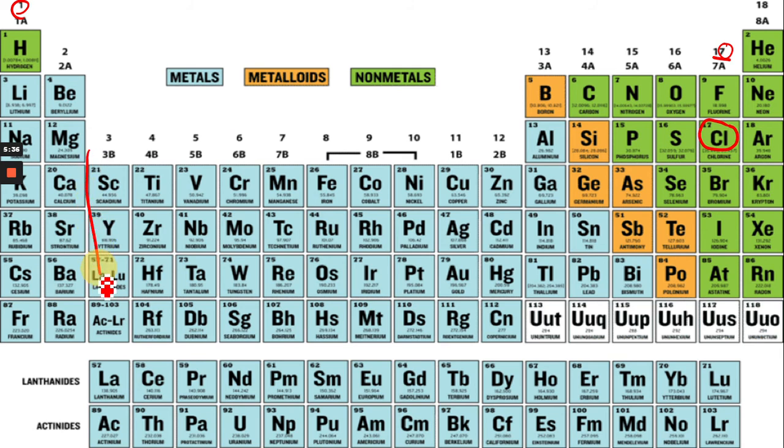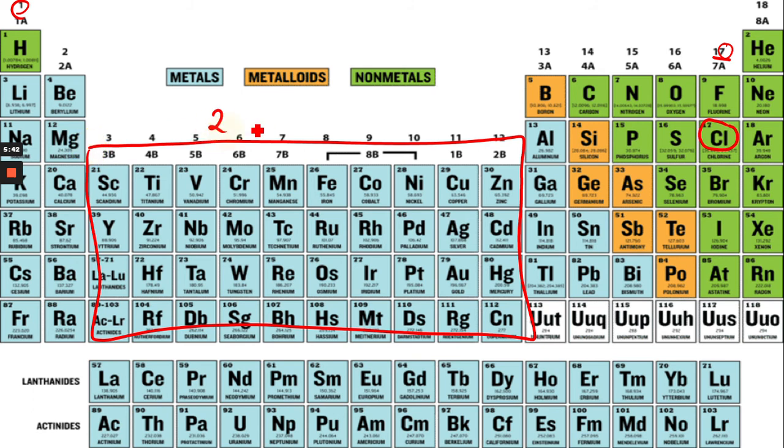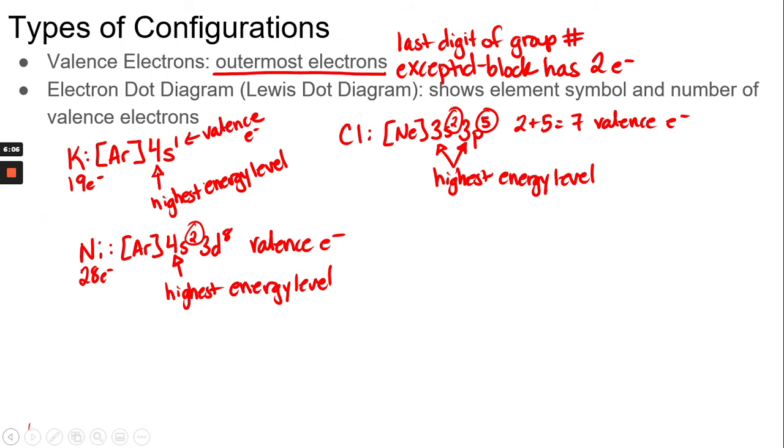So all of these elements in the D block, it doesn't matter which element you're looking at, they have 2 valence electrons, because you're going to go through the S before you go into the D. So it's the last digit in the group number for all of these, but it's 2 for the number in the D block.